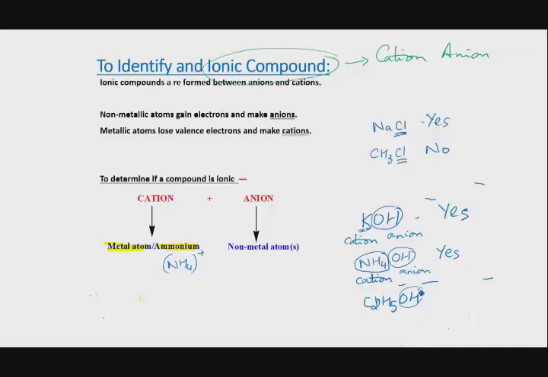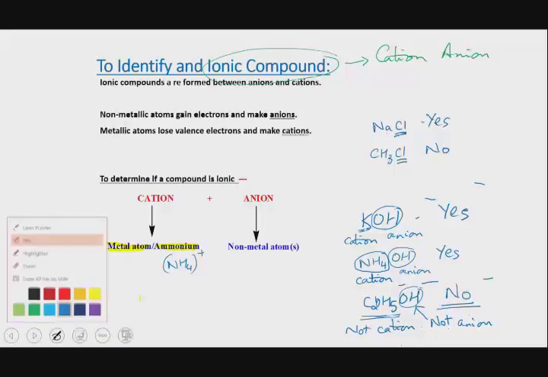No, there isn't. Is there ammonium, NH4? No, there isn't. So if that's the case, then this is not a cation. And if this is not a cation, then that cannot be an anion. And if that's not an anion, this compound is not an ionic compound.